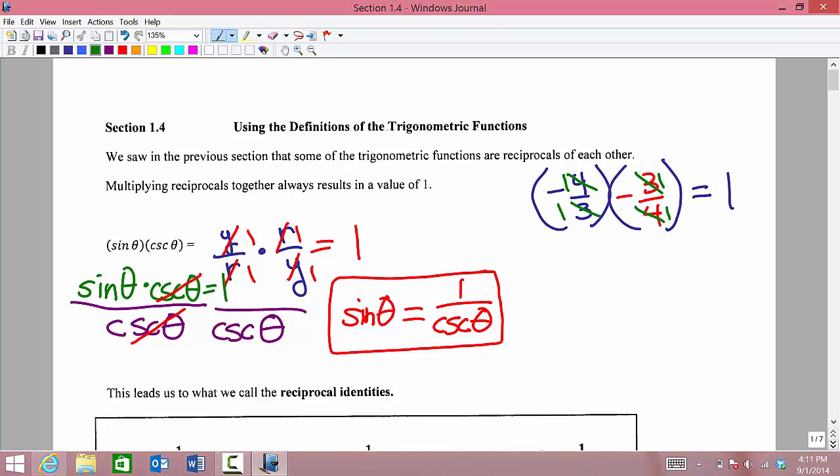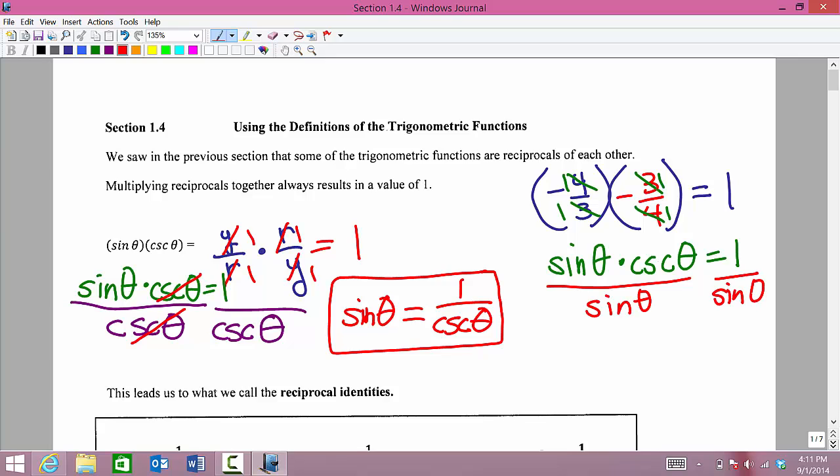Now we can also do it the opposite direction. Let's say that I have sine theta times cosecant of theta is equal to 1, and this time I divide both sides by sine theta. Now sine theta would cancel out with sine theta, and I would be left with another reciprocal identity.